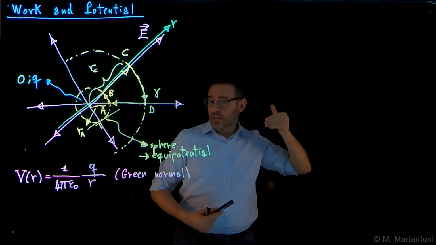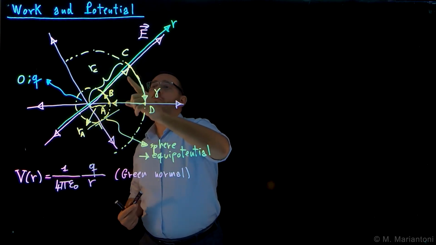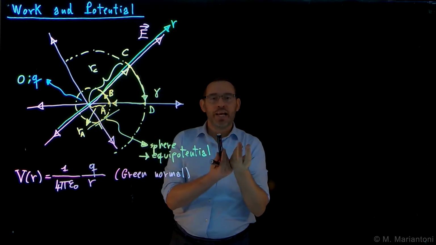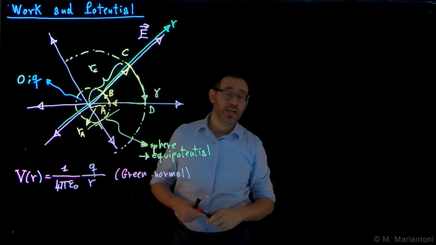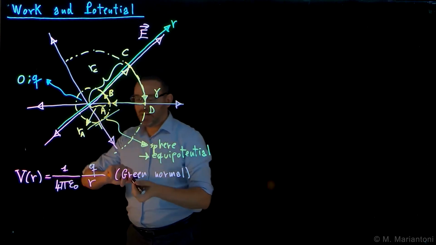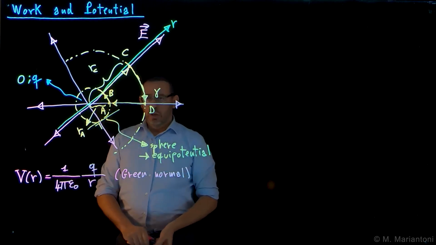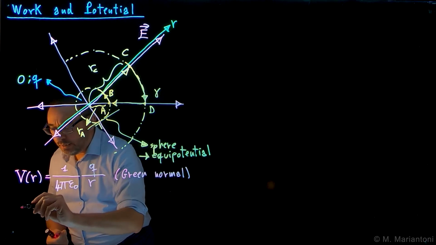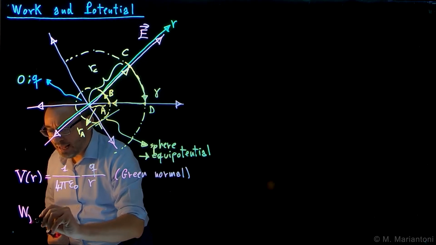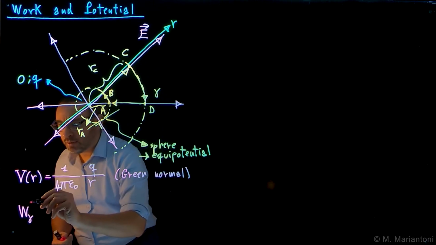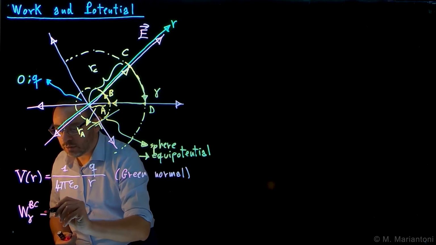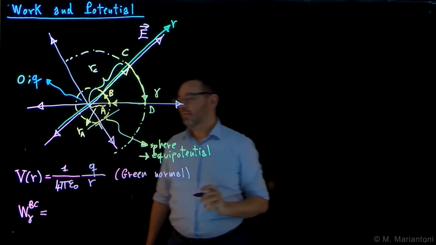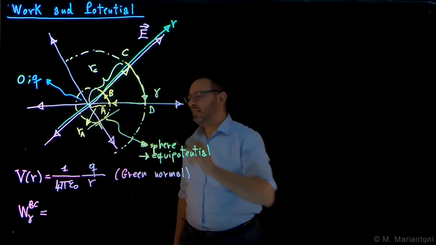What I intend to calculate in this video is once again the work, which we already calculated previously, to go from B to C, and I want to connect this concept to the concept of electrostatic potential V for this very simple example. So let us compute the work W along gamma to go from B to C. This vector here, this segment BC.